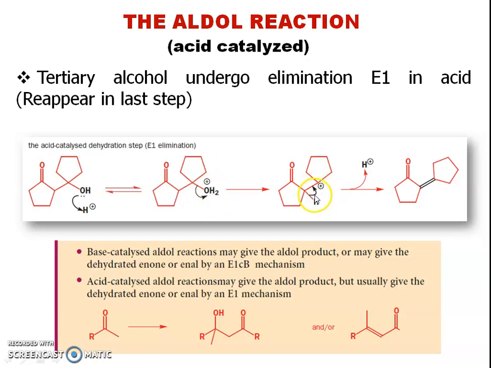This carbocation undergoes an elimination reaction like this, and it is deprotonated to give a conjugated carbonyl product. So in conclusion, base catalyzed aldol condensation gives the aldol product by the E1cB mechanism, and the acid catalyzed aldol reaction may give the aldol product, usually with elimination.